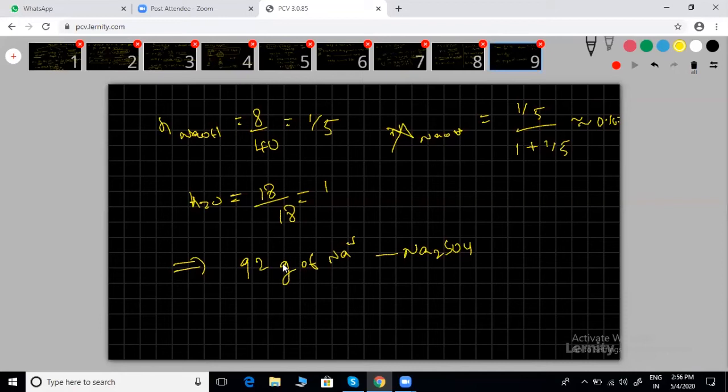Calculate molality of Na plus. My question is very clear. Calculate molality of Na plus.